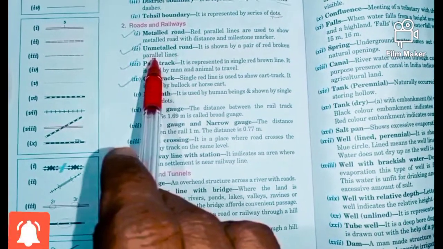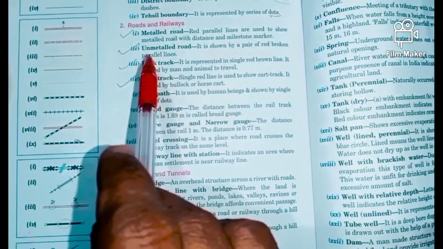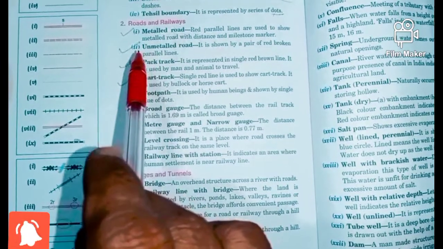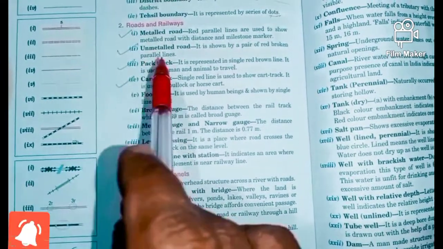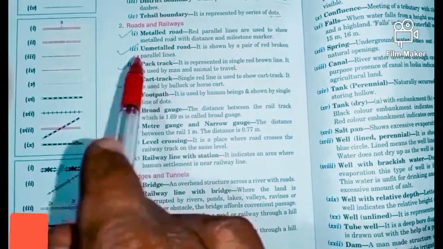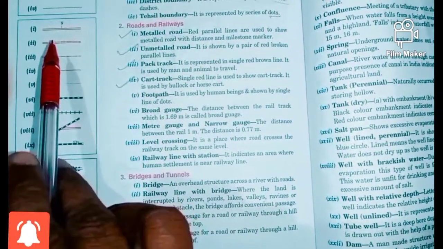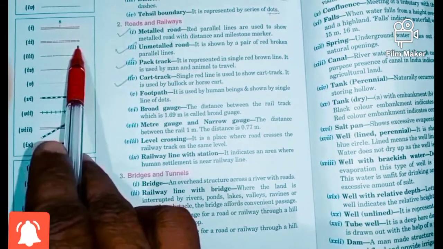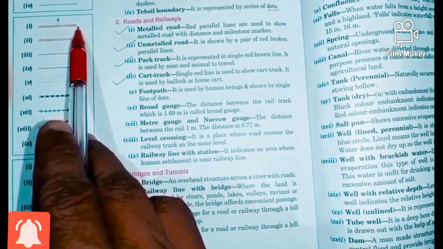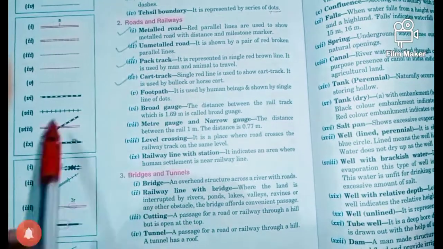Next come unmetalled roads. These are roads which are not Pakka, not tarred, rough roads, and they are shown with a pair of red broken parallel lines. This is the difference between metalled and unmetalled roads.